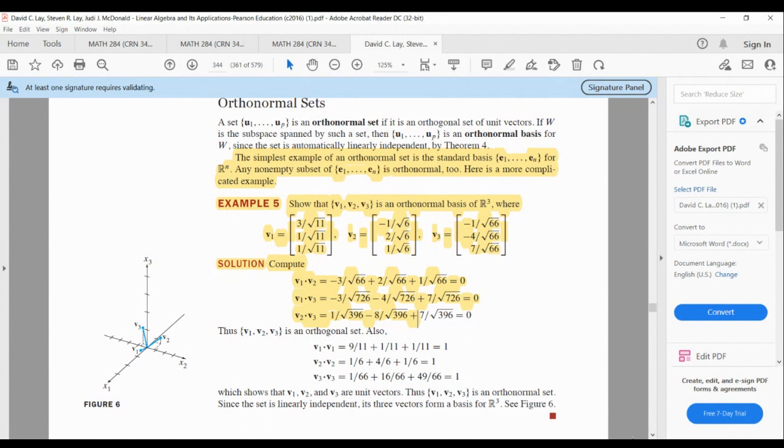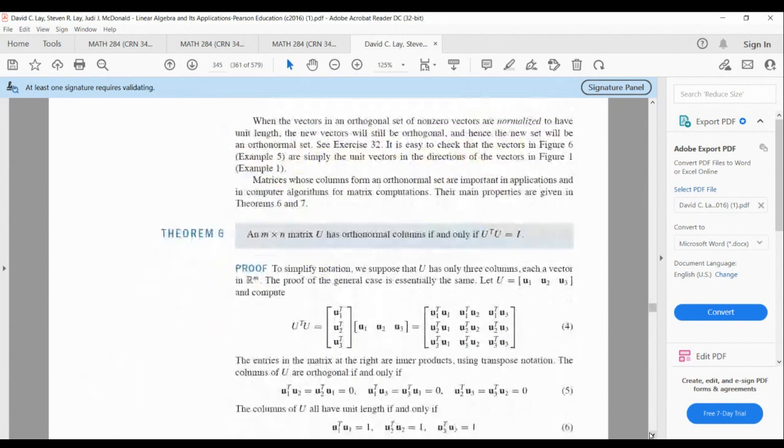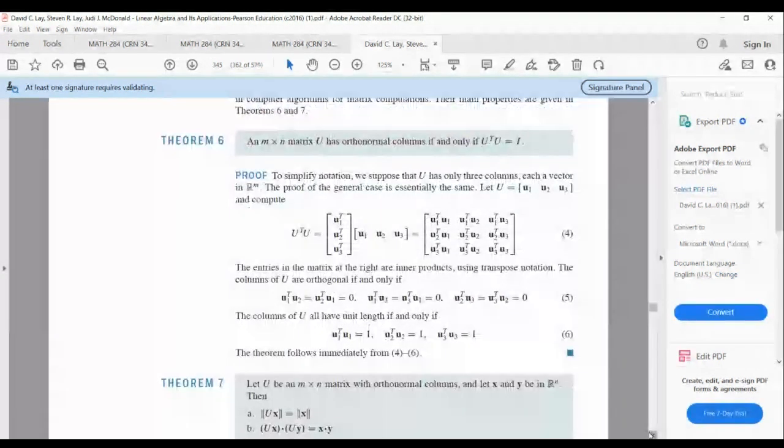Further, theorem 6 says that if you have an m by n matrix U, it has orthonormal columns if and only if U transpose times U gives you the identity.